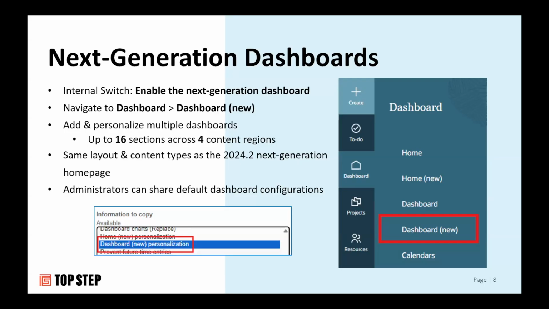With this one, you can add up to 16 sections across 4 content regions. You get a lot of the same layout and content types as the 2024.2 next generation homepage. And this dashboard is also now available to be shared through the bulk user wizard for pushing these out to your user base.